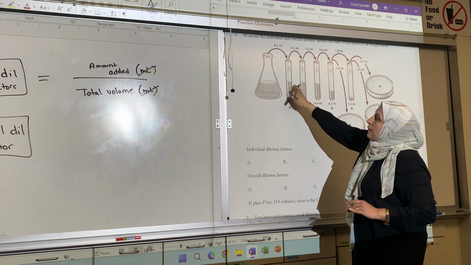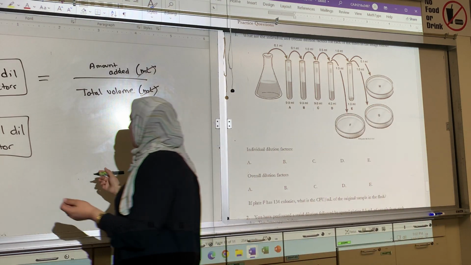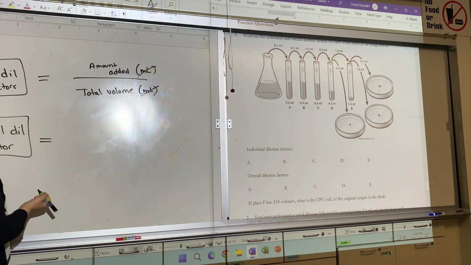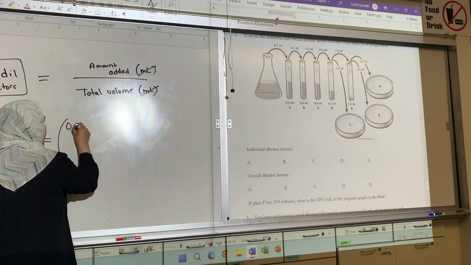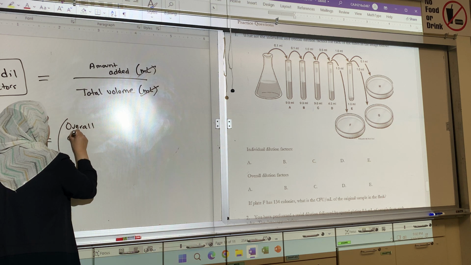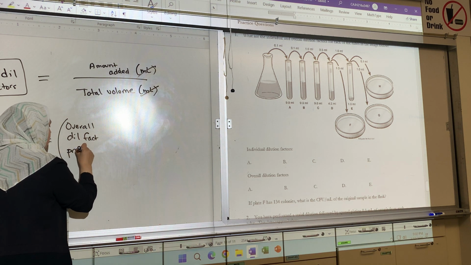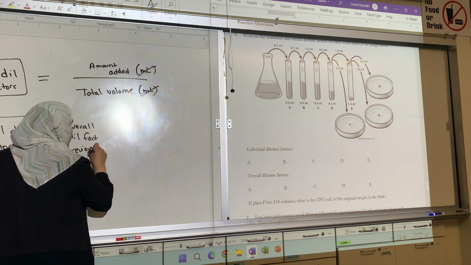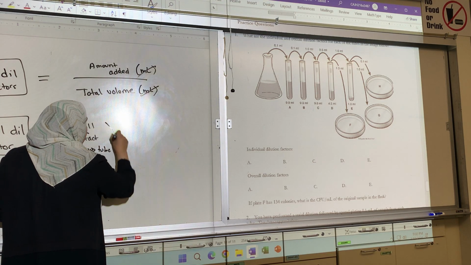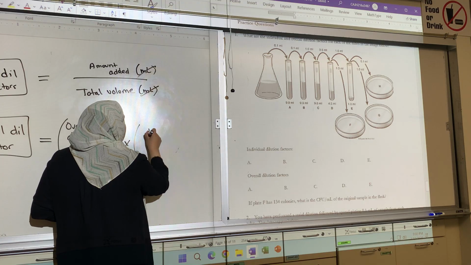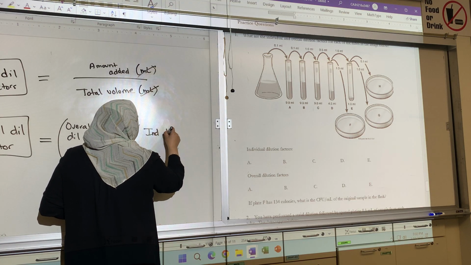So the aggregate of the dilutions needs to be represented in the overall dilution factor. So what we're going to do is multiply the overall dilution factor from the previous tube by the new individual dilution factor.